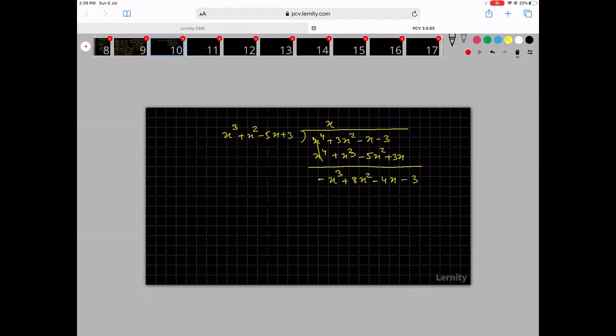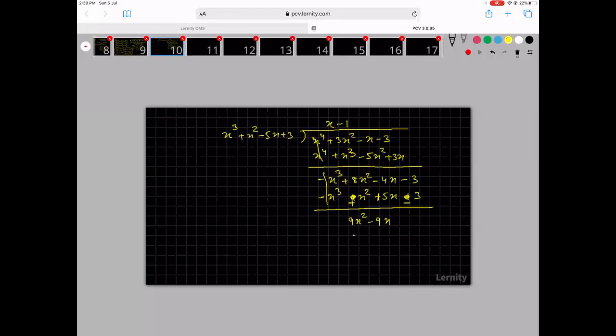Now I'll have to divide this, right? So minus 1, I'll get x cubed plus x square minus 5x plus 3. Again I subtract them, this will get cancelled. So this will become 9x square, this will become minus 9x, and this will become 0.